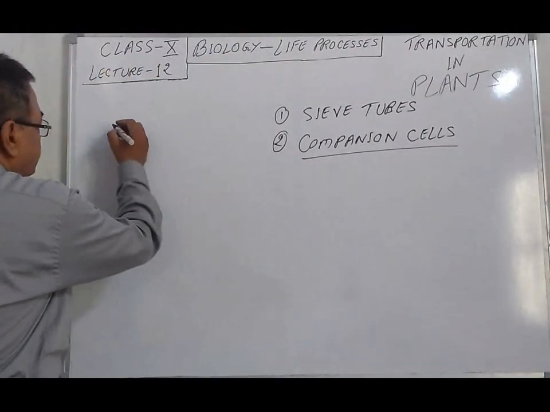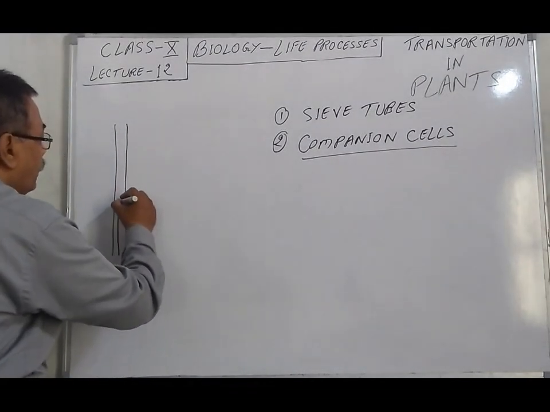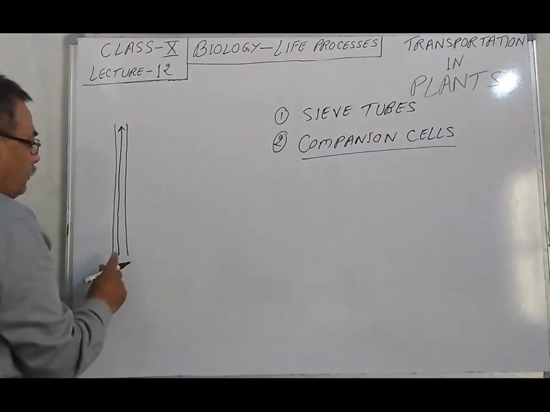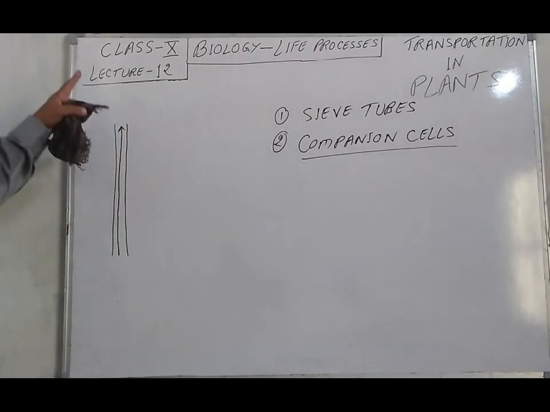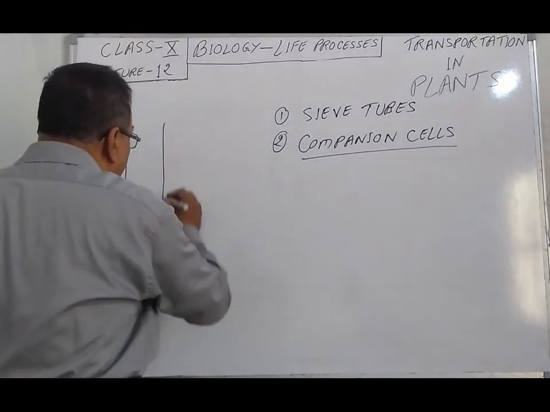In xylem, we have seen water always moves upward from the lower side, from root to tip of the plant. But in phloem, what happens?